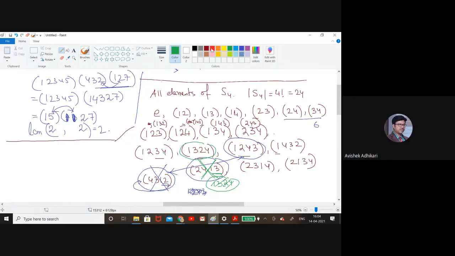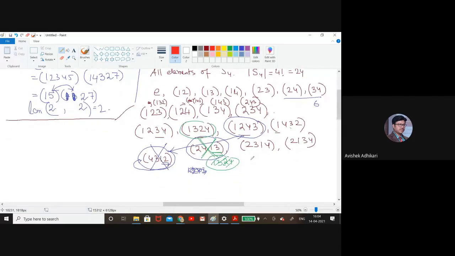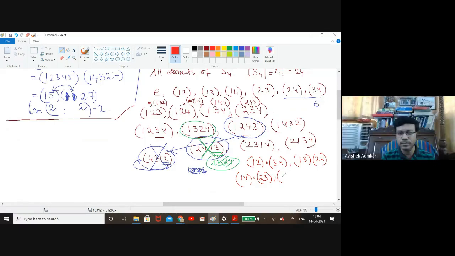So, product of 2 cycles, like (1 2) composition (3 4), then (1 3) composition (2 4), then (1 4) composition (2 3). Anything else? No? Done. Okay.